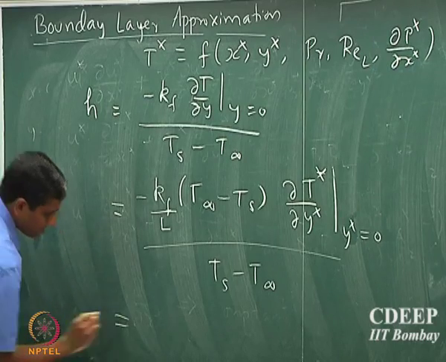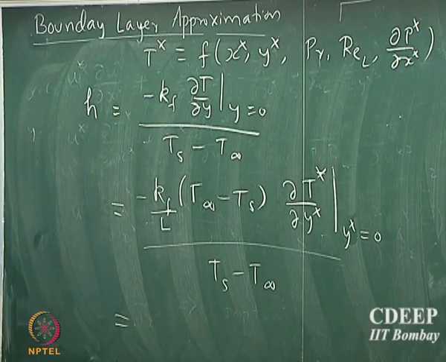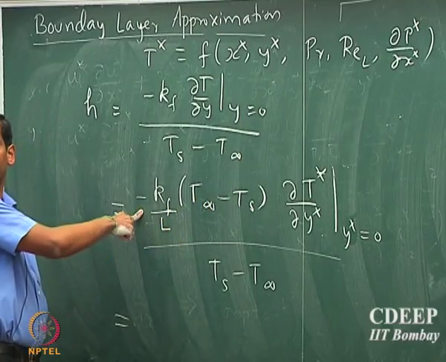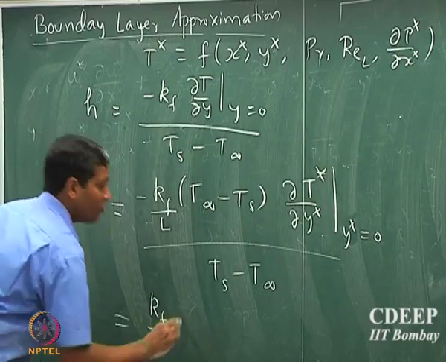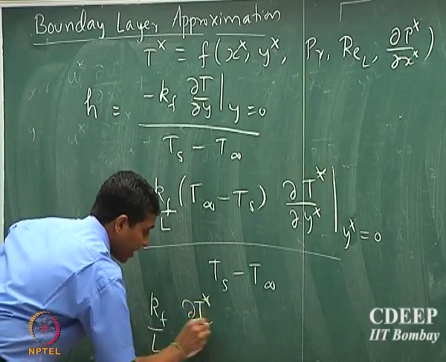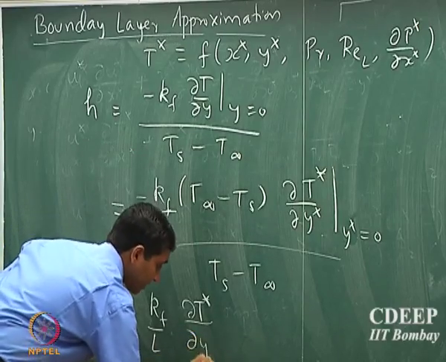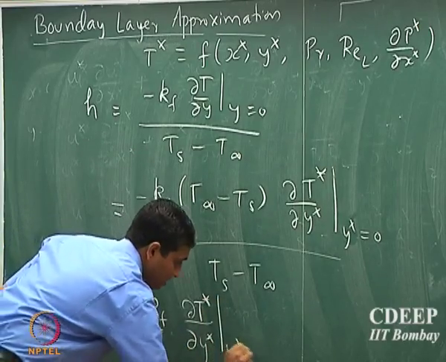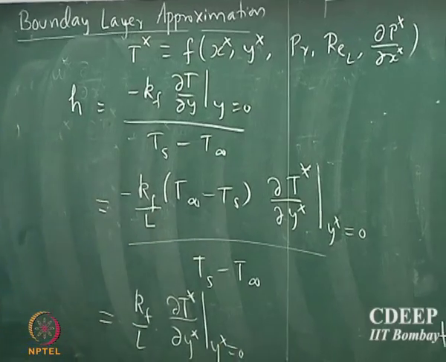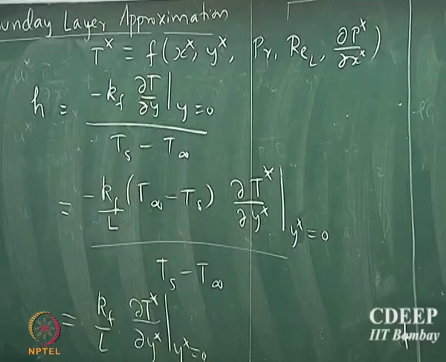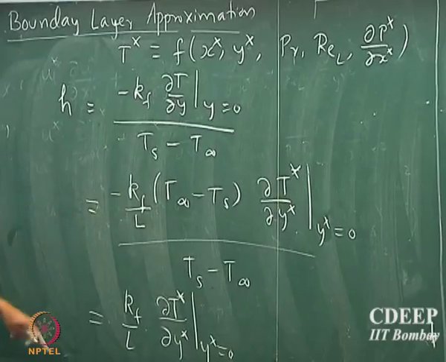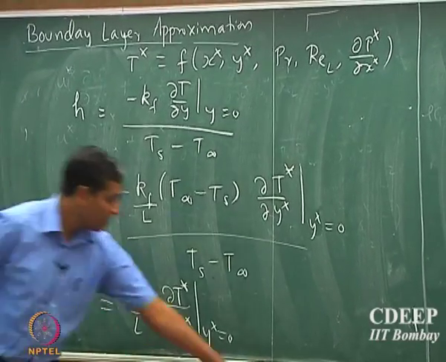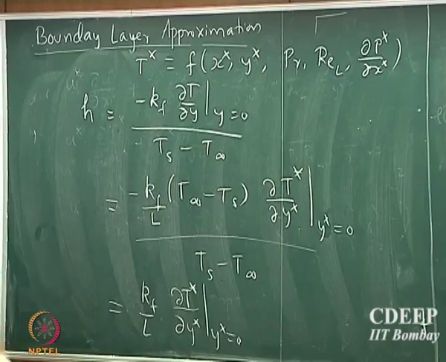What is that? So this cancels out with the minus sign, and that will be kf by L into dT star by dy star at y star equal to 0. All I have done is cancel out these two terms and pull the minus sign inside.